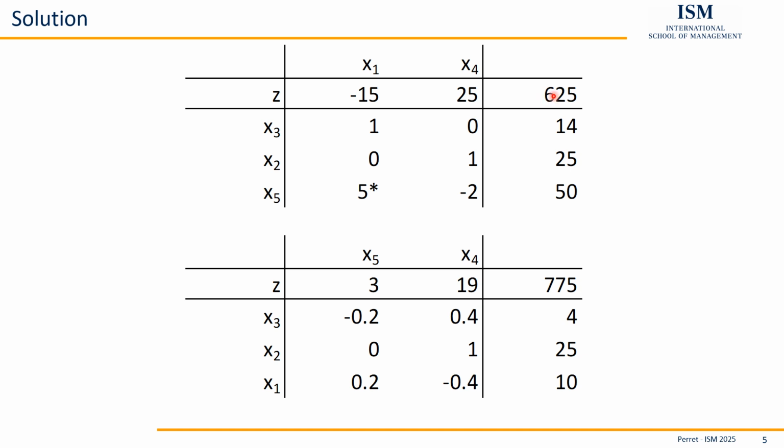So we have 625 minus 15 times 50 divided by 5, which translates into minus minus gives plus. 15 times 10, so 625 plus 150 gives 775. Well, this concludes the exercise more or less, but how do we actually interpret the result now?